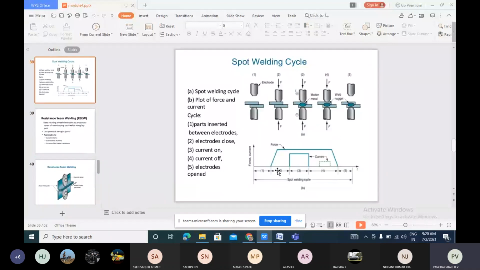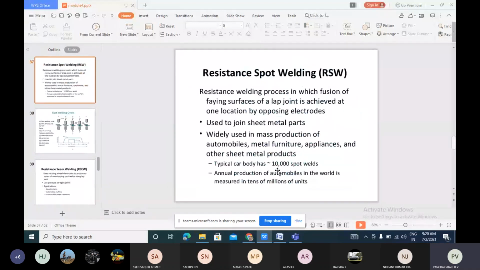Resistance welding: we were discussing resistance spot welding now. What is the meaning of resistance spot welding? It is a process in which fusion of the faying surfaces, or joining surfaces, of a lap joint is achieved at one location by opposing electrodes. By using two electrodes, this joint is made.